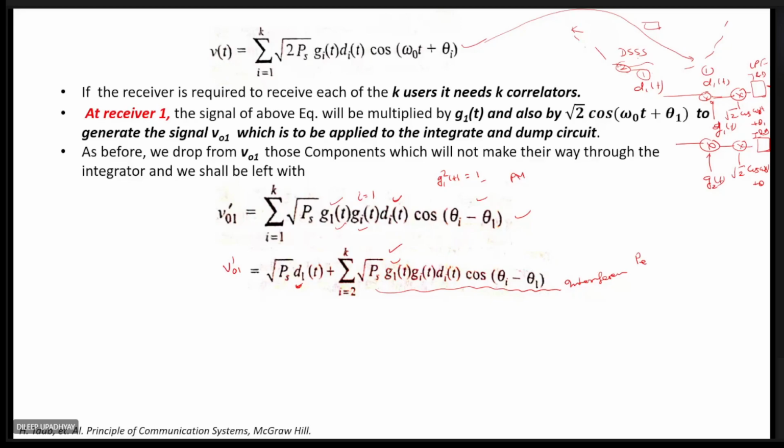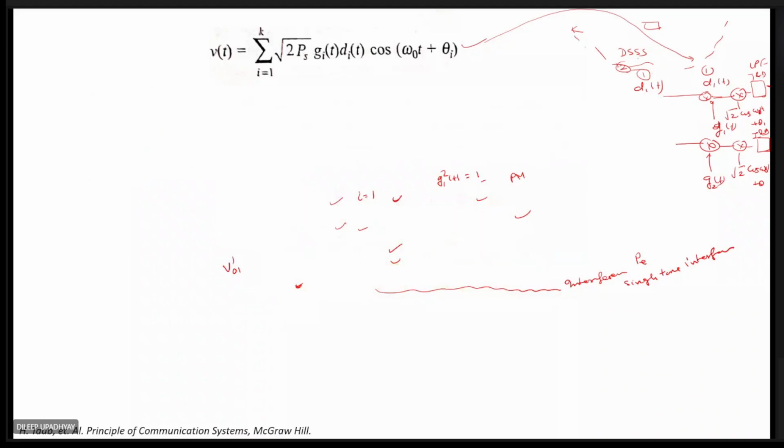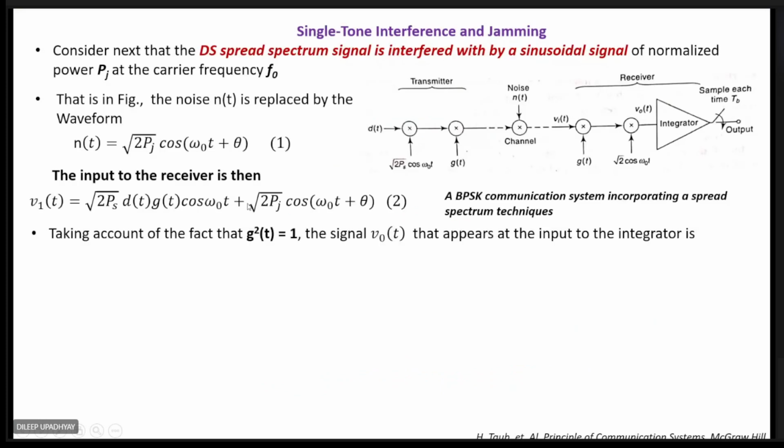The probability of error we can calculate as we have already calculated in the case of single tone interference and jamming. If we go back to that slide on single tone interference and jamming, we can see that we considered a sinusoidal signal acting as an interference to the message signal.